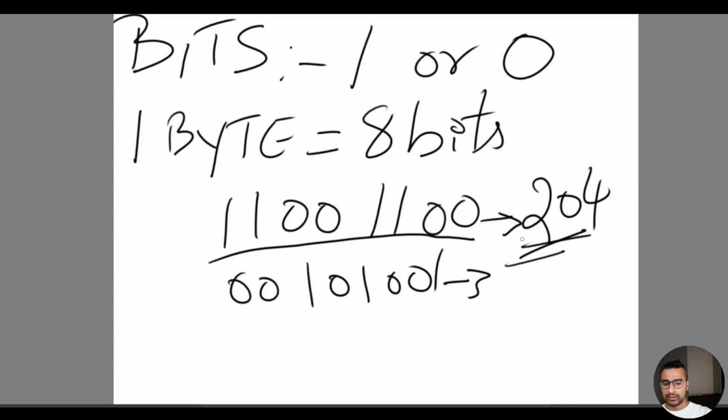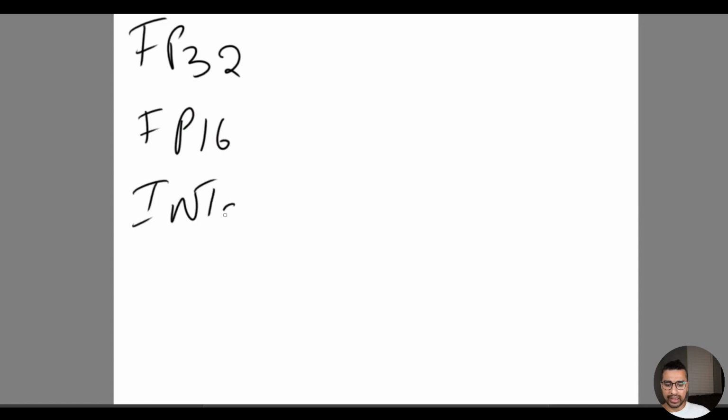We're going to park this information aside and go to something else called floating precisions. The full precision is called FP32, half precision is called FP16, and then there is something called int8 precision and int4. In FP32, the 32 refers to 32 bits. To know how many bytes that is, all you need to do is divide by 8. 32 divided by 8 is 4 bytes.